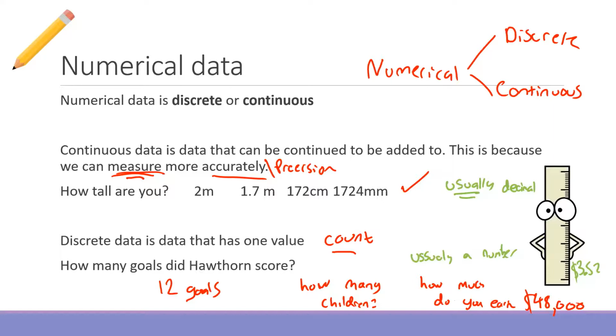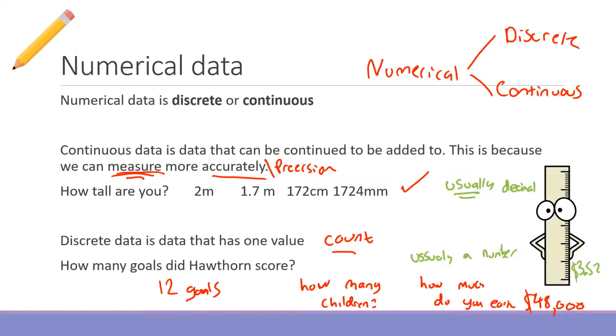The reason that continuous data is called continuous is because you can continue to measure it more accurately, not because the number goes on and on forever. Discrete data means that it fits into a box.